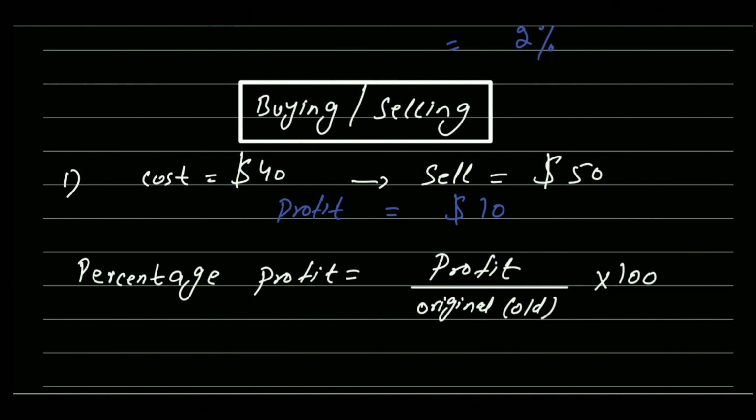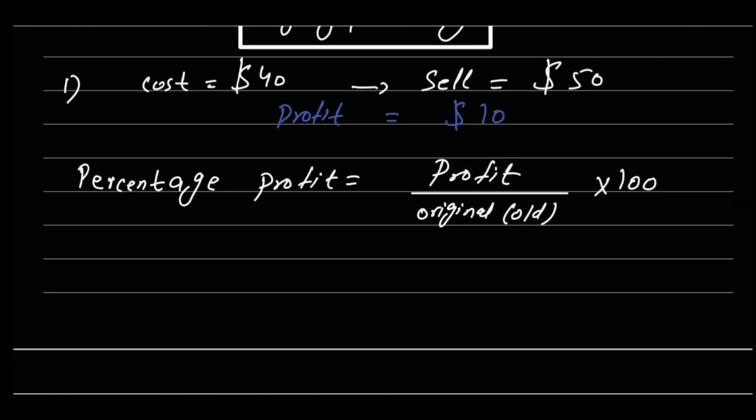It helps to write old value, because sometimes there can be two values, old and new, and you have to use the original, old one. So profit is 10 over the original, which is 40, multiplied by 100.